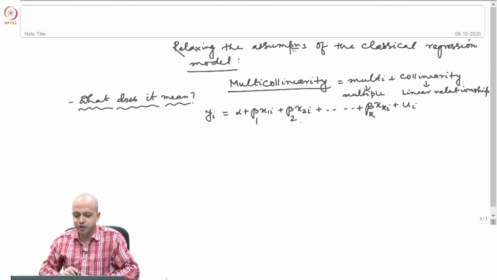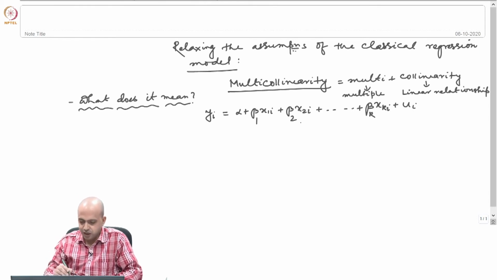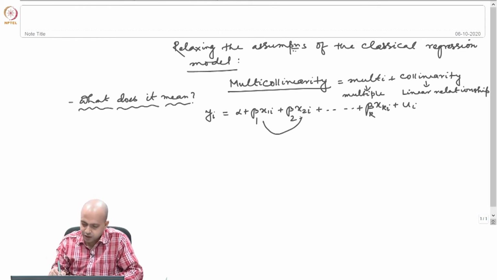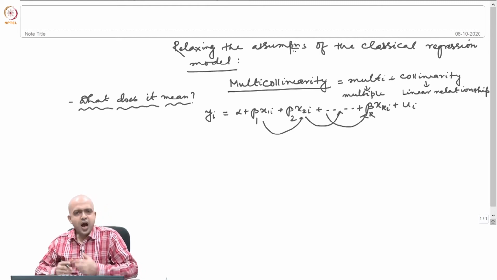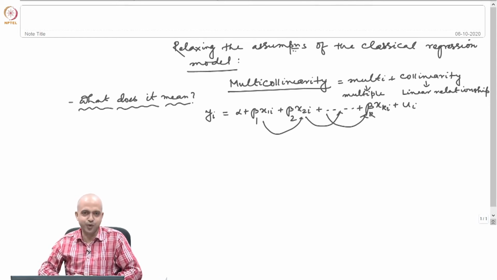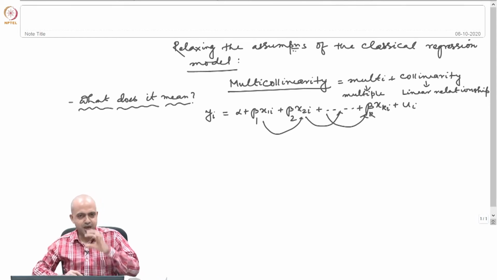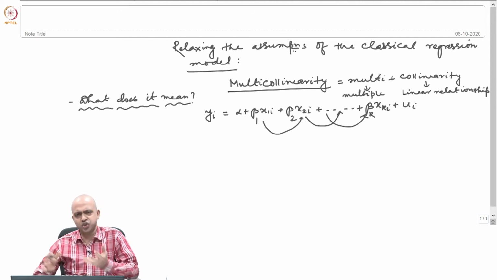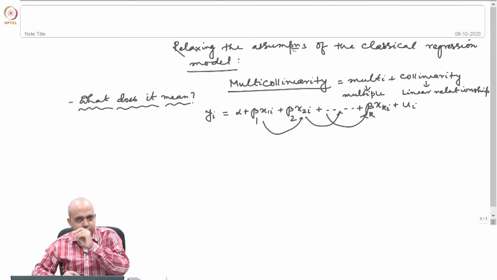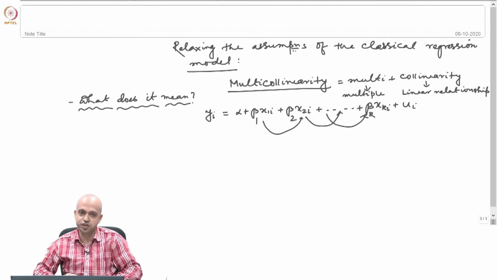So, in your econometric model, it may so happen that x1 and x2, or x2 and x3, or x3 and x4 are actually showing linear dependence, and you have multiple such linear relationships among the variables. So, multiple linear relationships indicate the presence of multicollinearity.